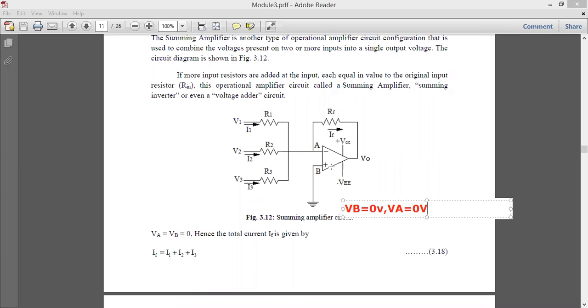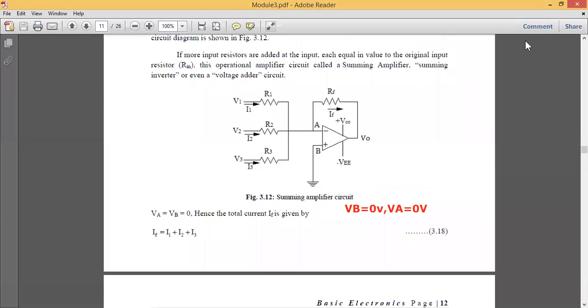Now try to find the current. The feedback current IF is equal to the sum of all the currents, that is IF is equal to I1 plus I2 plus I3. So first find all the input currents.